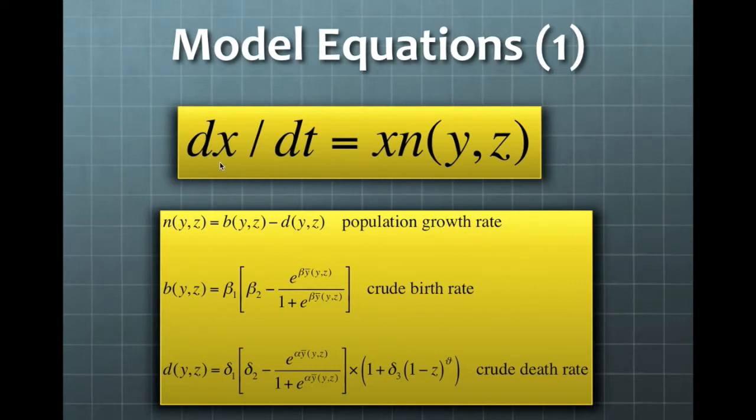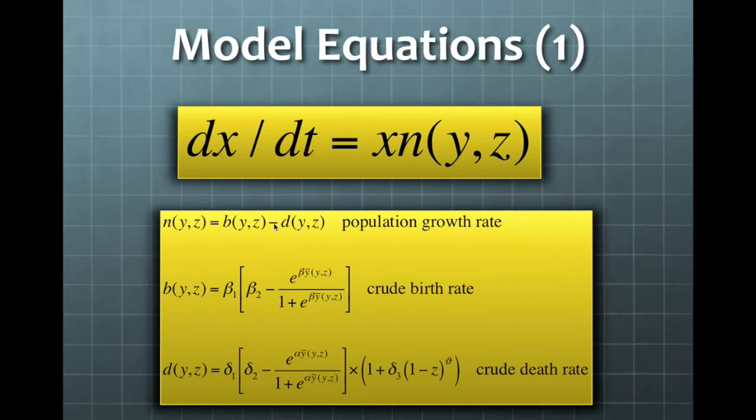There is a population stock x. The variation of x over time, denoted here by this derivative, or this time rate of change, is driven by the population itself and then a net growth function. So it's essentially a first order growth model.